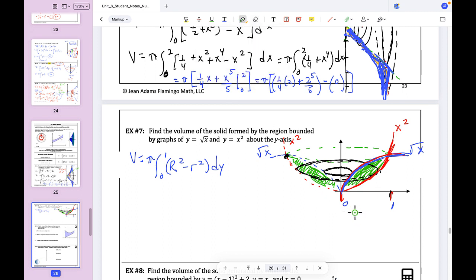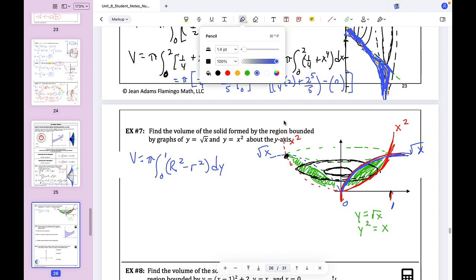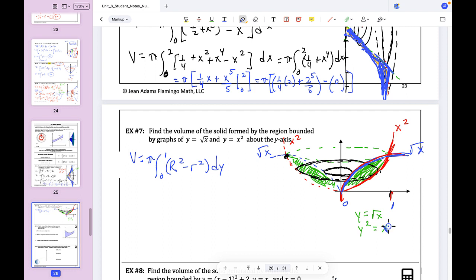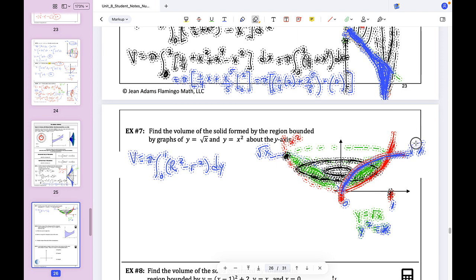So we have y equals the square root of x, but I need to rewrite it so that it's in terms of y instead. So I'm going to square both sides, which means x is equal to y squared. So the square root of x, the blue function, is x equals y squared. I'm going to rewrite these.